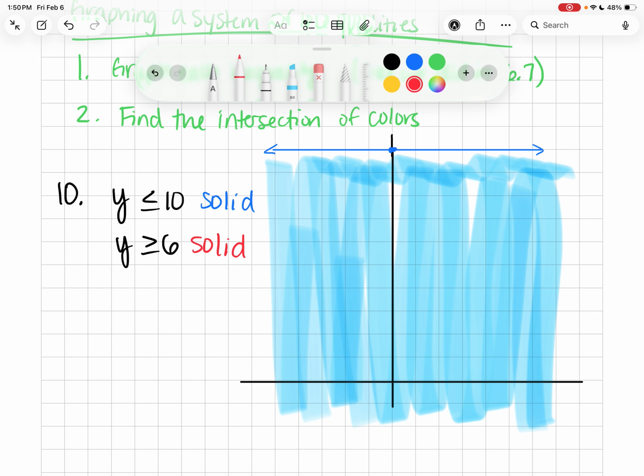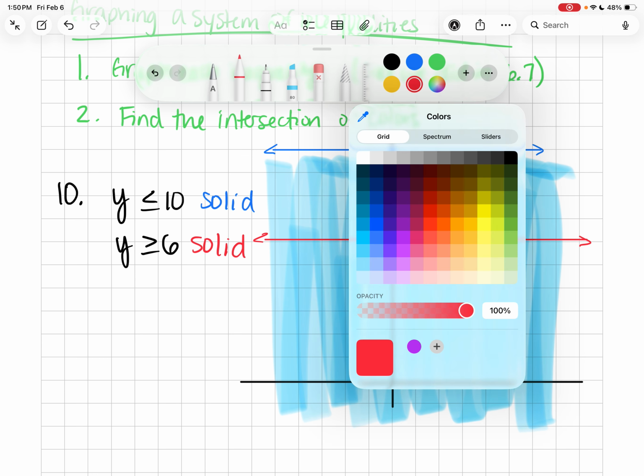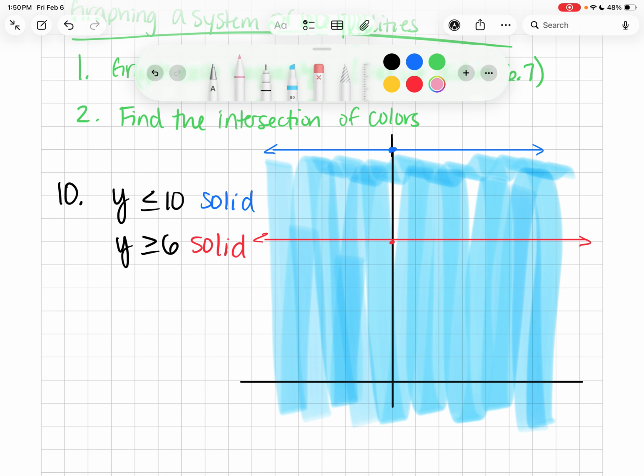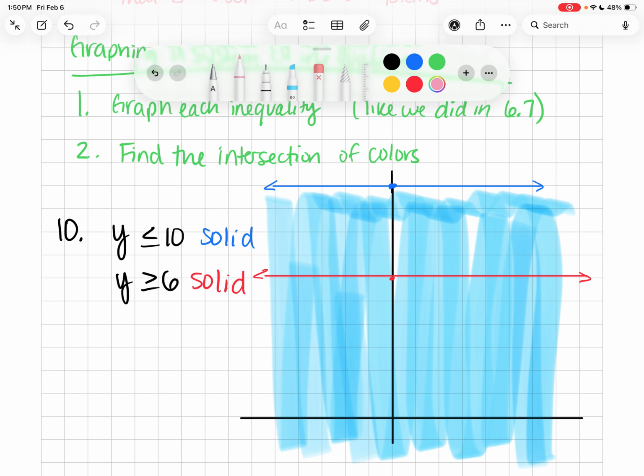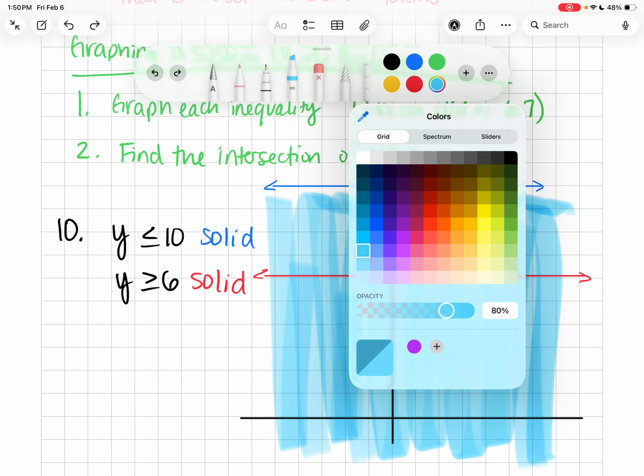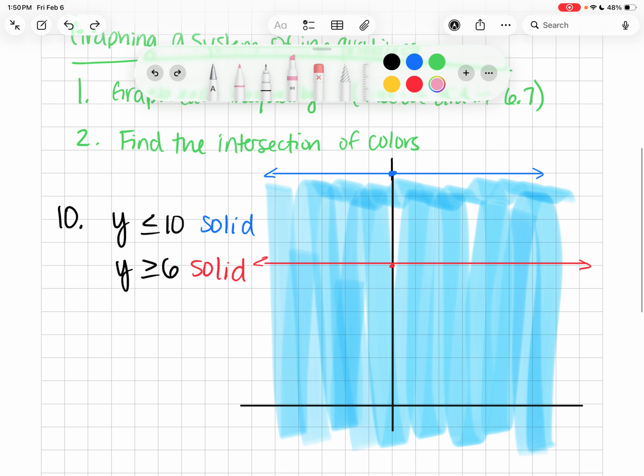I'm going to go up to 6, and I'm going to draw a line across that way. And then does this one get shaded above or below? Above. Oh, I need the highlighter option, not that one. So notice it goes all the way above.